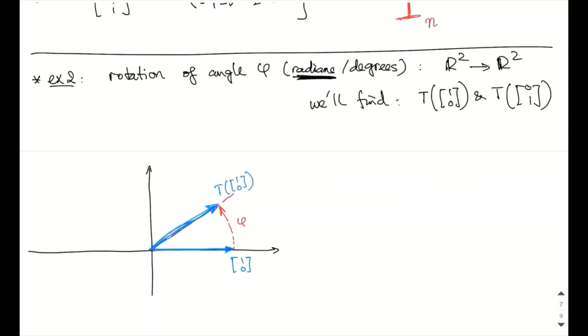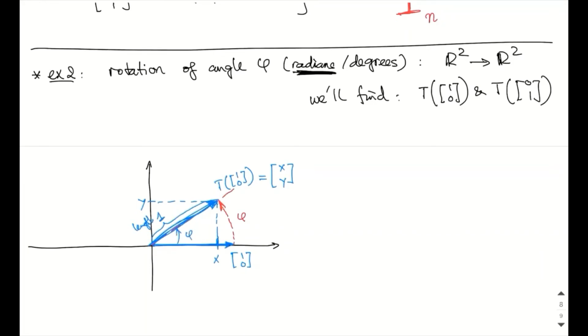Now you want to find its coordinates, right, which is (x, y). How do you find (x, y)? Well, first of all, because it's the rotation, it will preserve the length. And because the length of the initial vector is 1, the length of the resulting vector is going to be 1 as well.